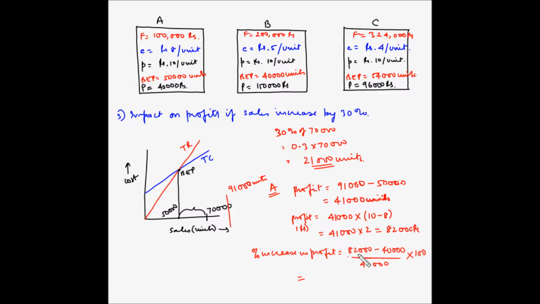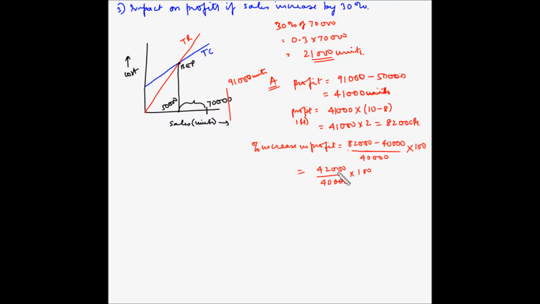So this is equal to 82,000 minus 40,000 is 42,000 divided by 40,000 multiplied by 100. So 3 zeros, 3 zeros, 1 0, 1 0. So 2 2s are 4 and 2 1, 2 5s are 10. So 5 1s are 5 and 5 2s are 10. So 105% increase in profit.